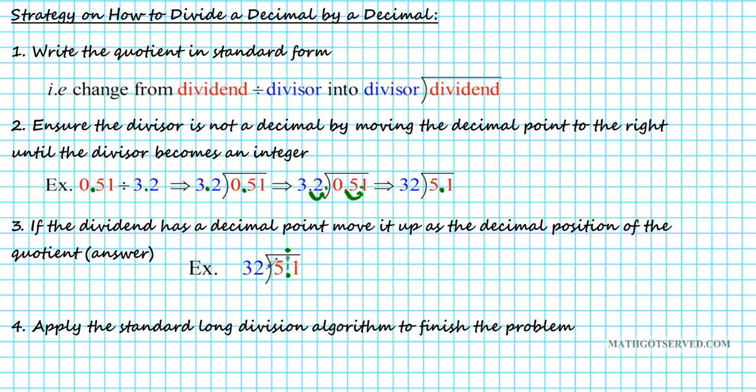And then you would just divide 32 as though you were dividing it by 51. After moving it up, you can take it out of here and then just divide. And wherever you put your digits, just align it properly. Okay? After moving the decimal point upwards, then you apply your standard long division algorithm or steps to finish the problem. Okay?